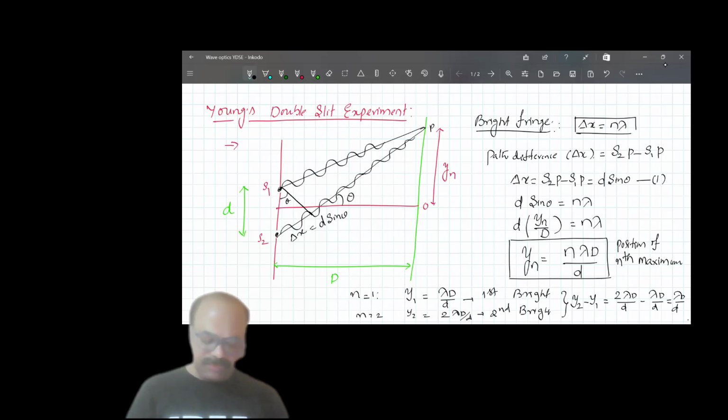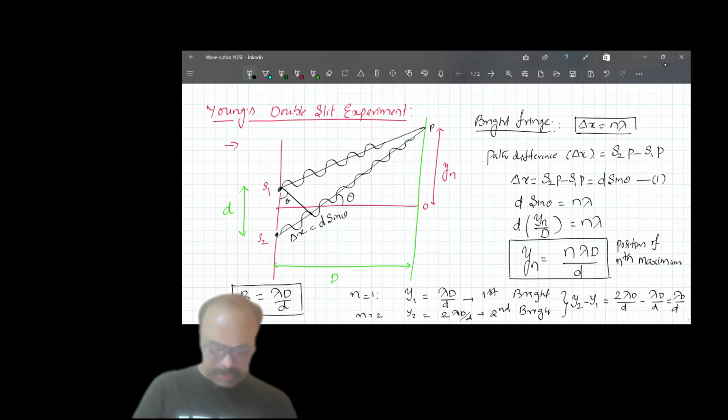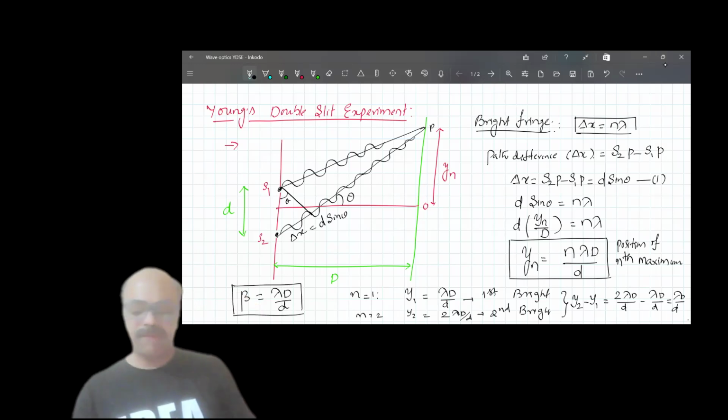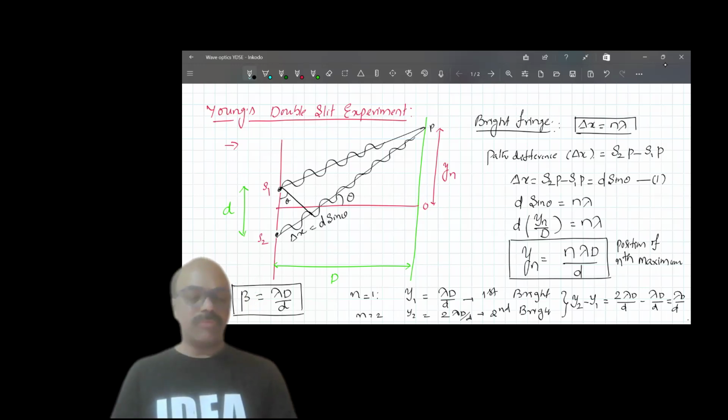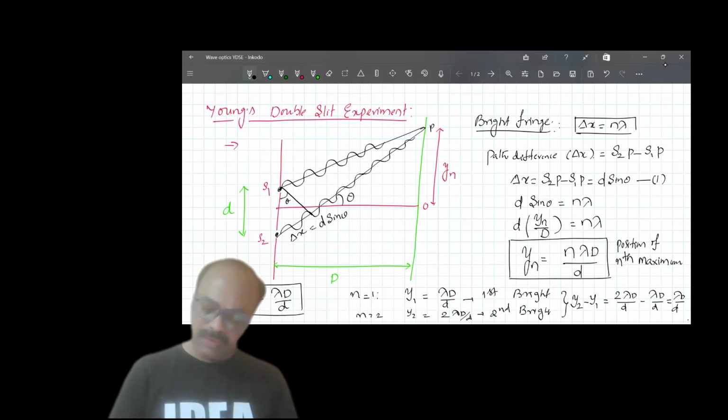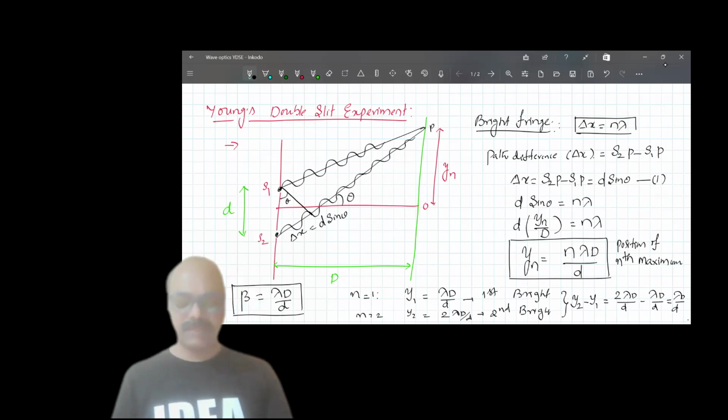The difference between these two we call the fringe width. The fringe width formula is beta equals lambda capital D by small d. This is about the bright fringe. Now coming to the first bright and second bright, see here.